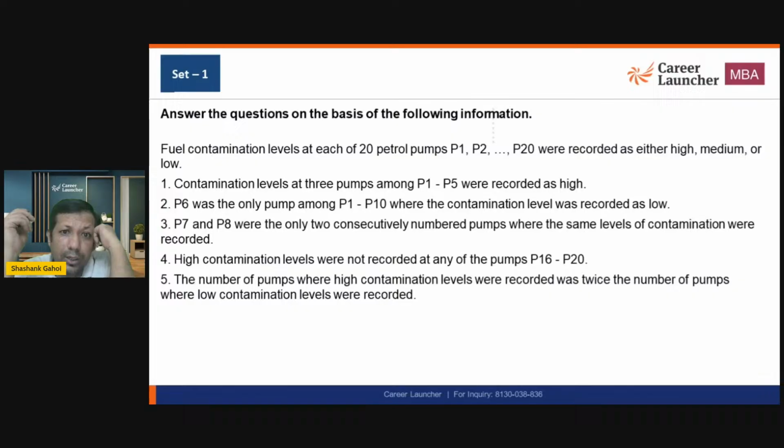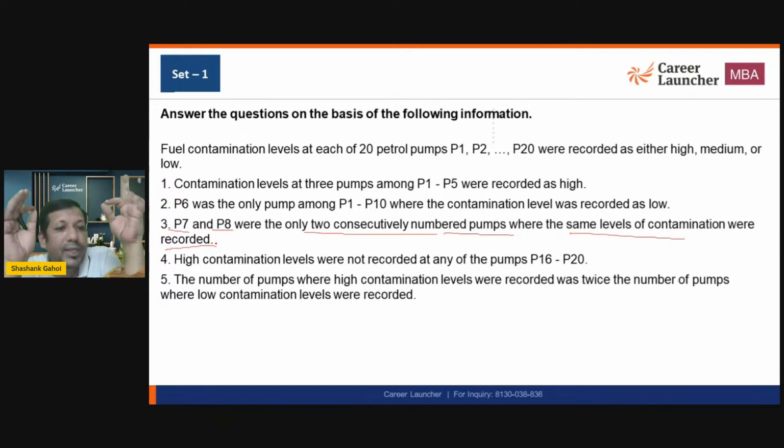Now, this point number 3 is a good point. P7 and P8 were the only two consecutively numbered pumps where the same levels of contamination were recorded. So apart from that, there cannot be any two consecutive pumps that are both high, or both medium, or both low.